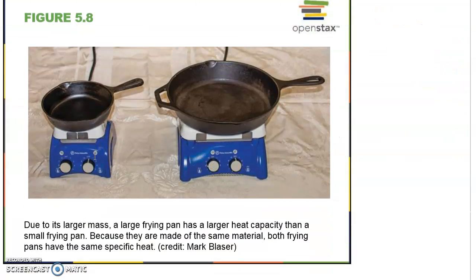In this diagram, we try to show the difference between heat capacity and specific heat capacity. The heat capacity will be different for the two parts, because the bigger part will require more heat to raise one temperature.